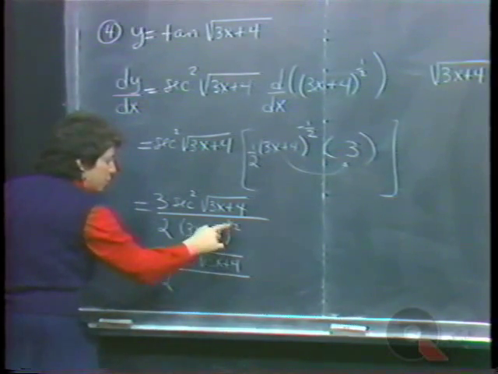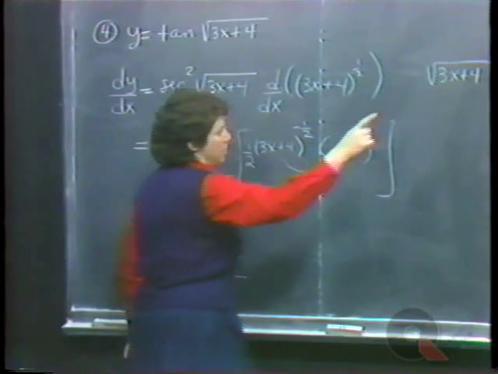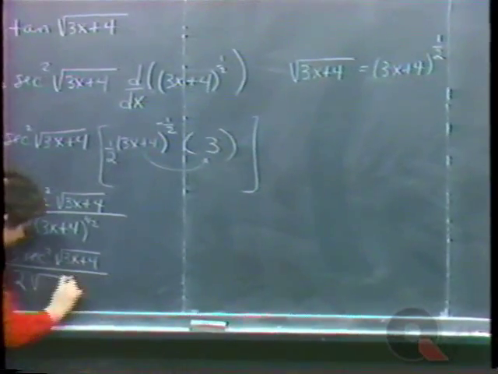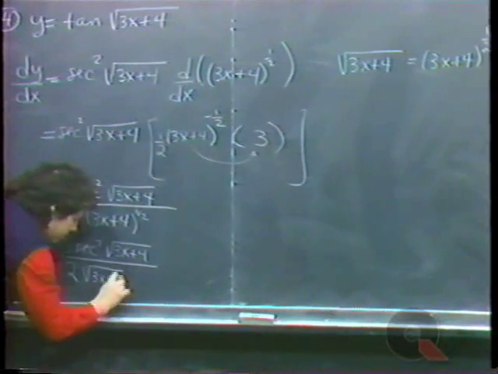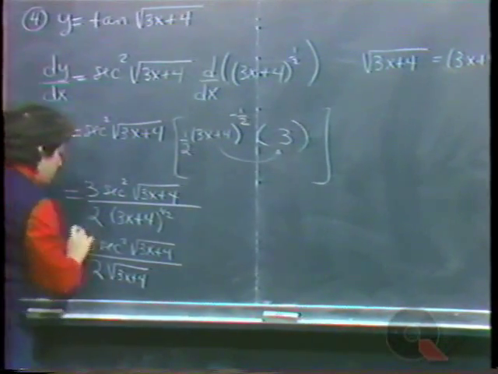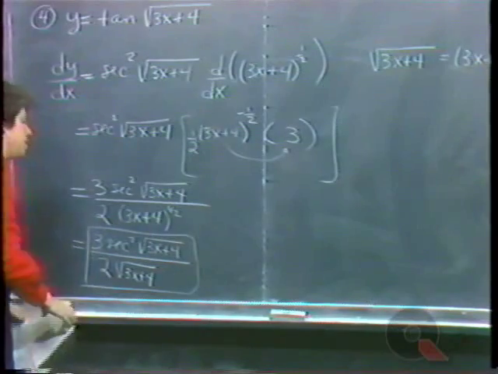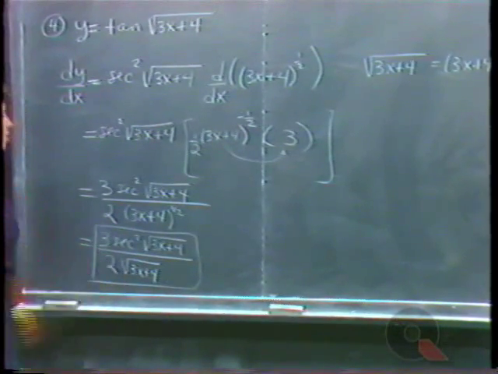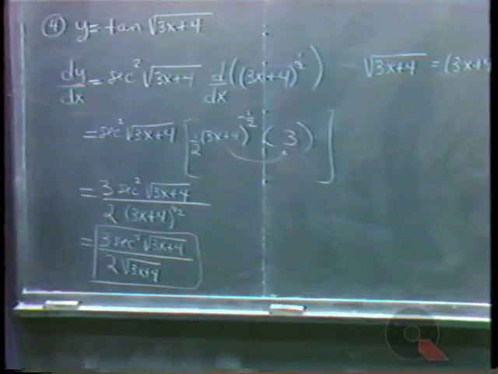Now 3x plus 4 to the 1/2 power, remember, is the same as the square root of 3x plus 4. So our final answer to this problem is 3 secant squared of the square root of 3x plus 4 over 2 times the square root of 3x plus 4.